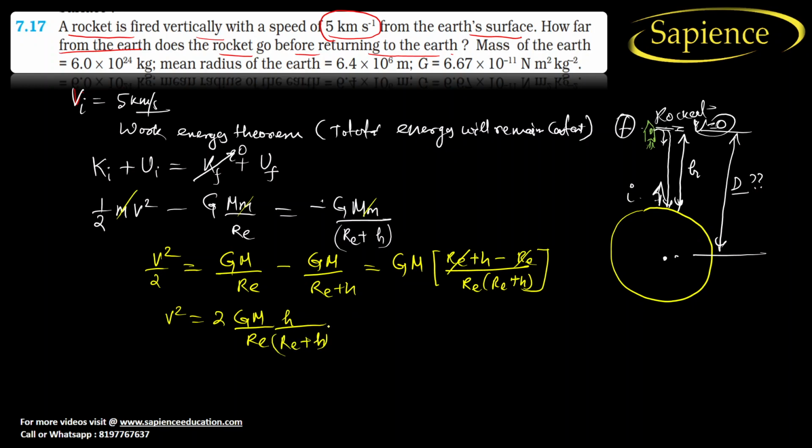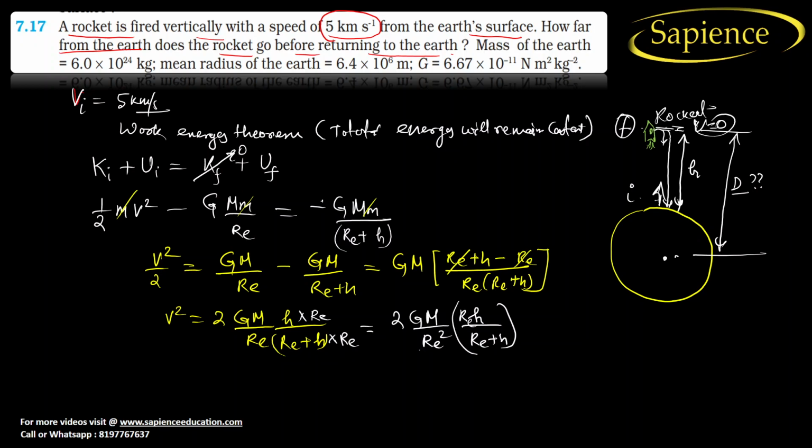Can we multiply top and bottom with the R_e? If I multiply it with R_e, our equation will become 2 into (GM by R_e whole square) into R_e into h by (R_e plus h).